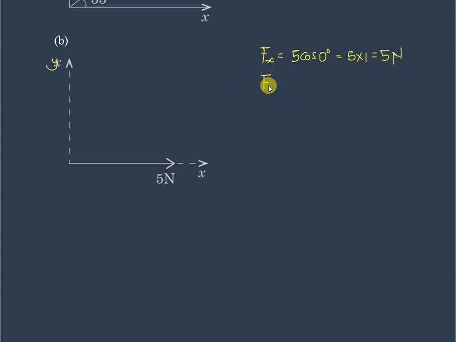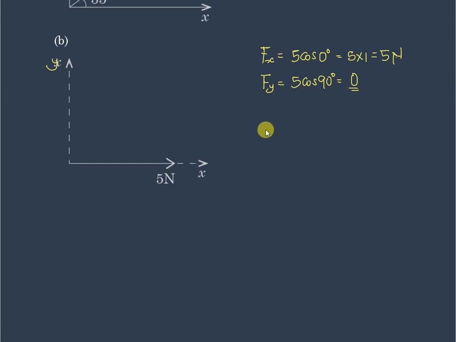Then the component along the y-axis is the magnitude of force times the cosine of the angle between the force and the desired direction. That angle is 90, and the cosine of 90 is 0. So that force is 0. This one is trying to tell us the fact that if the force is horizontal, it has no component in the vertical direction.